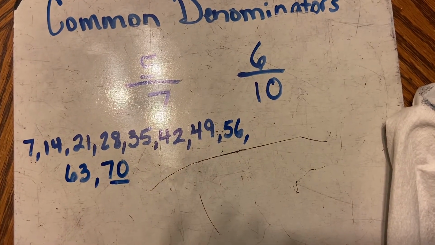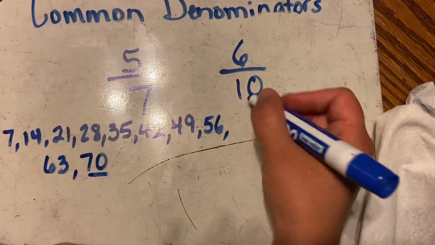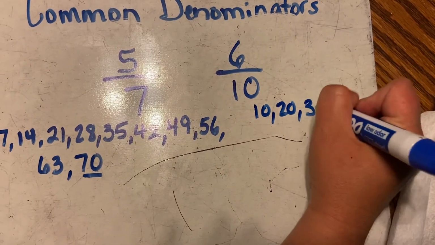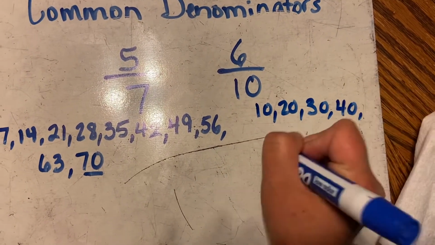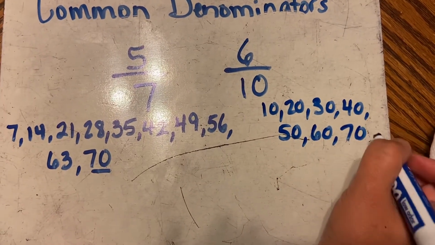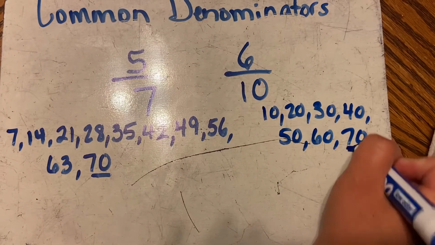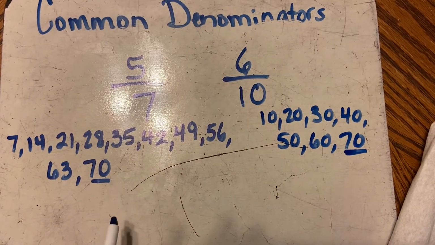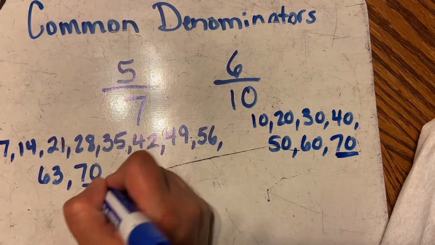That's going to end up being a multiple of 10, isn't it? Let's see over here with our 10s. 10, 20, 30, 40, 50, 60, 70. Oh, I just heard that one. That's the one that they're going to have in common. That's going to be the least common multiple of each, 70.